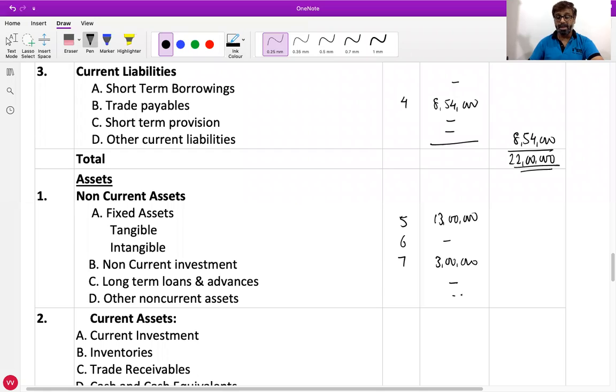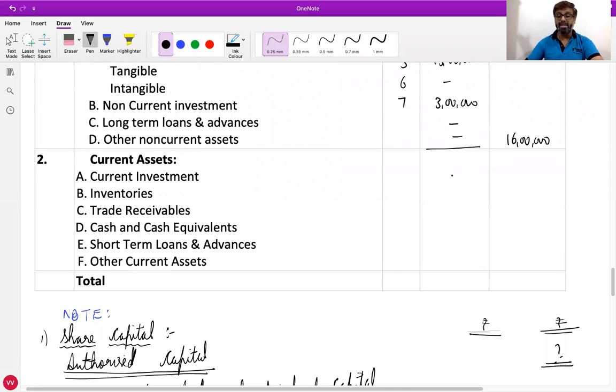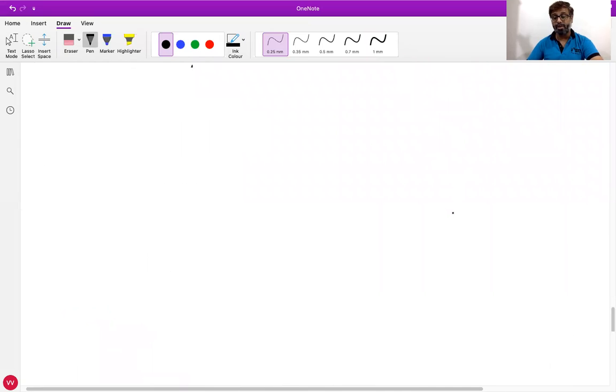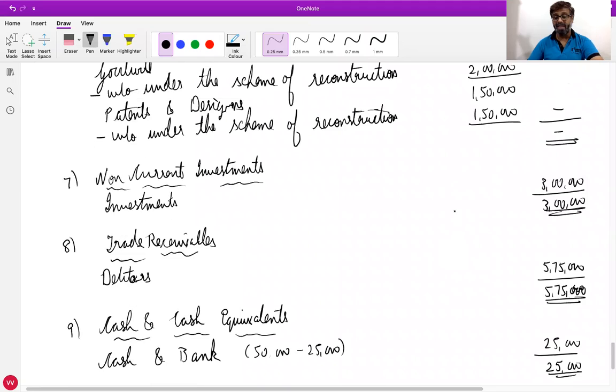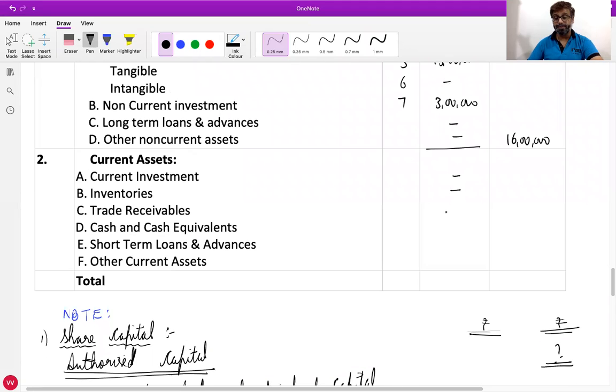Other 2 items we don't have, so 16 lakhs. Current investments, inventory we don't have. Trade receivables 5,75,000. Cash and bank 25,000. Short-term loans and advances and other current assets we don't have. Total 6 lakhs. 16 plus 6, 22 lakhs.